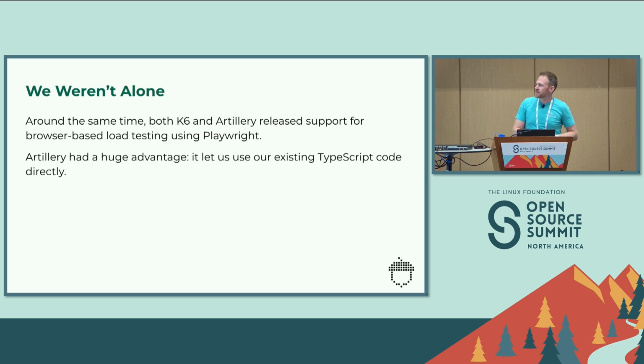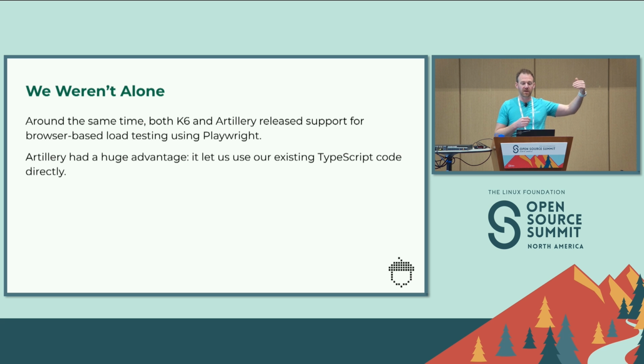And we weren't alone in this conclusion. Right around the time that we started to have this idea, K6 and Artillery, which are both open source load testing tools, released support for browser-based load testing using Playwright. Artillery had one clear advantage for us.